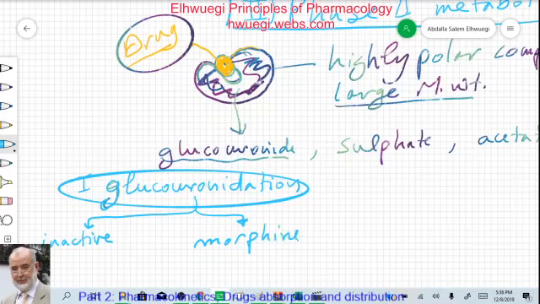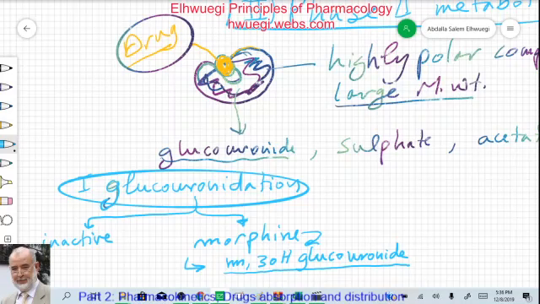Morphine is active pharmacologically, but when it is conjugated with glucuronide, it is converted to morphine 3-glucuronide, which is actually more active than morphine itself.